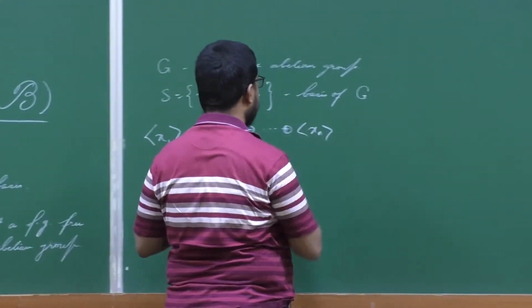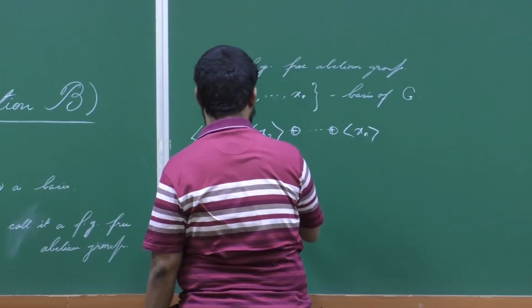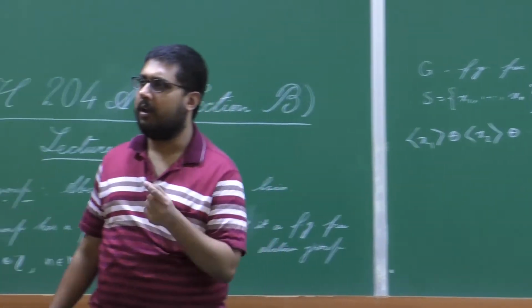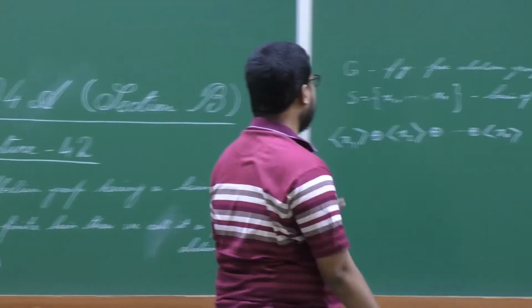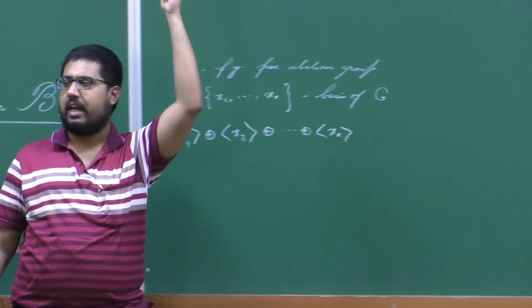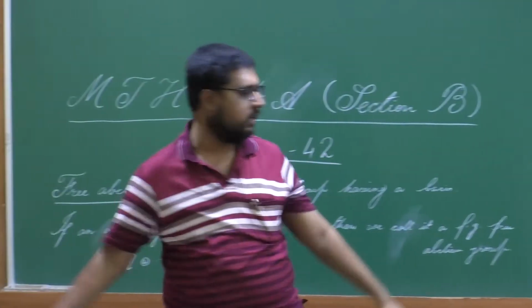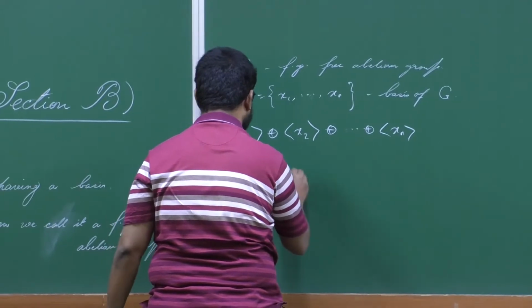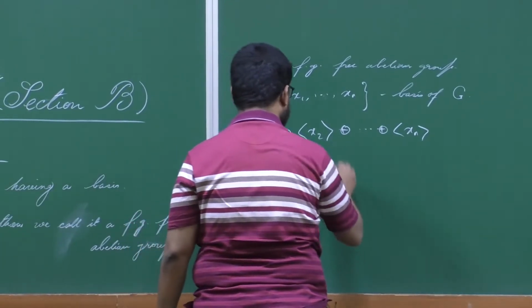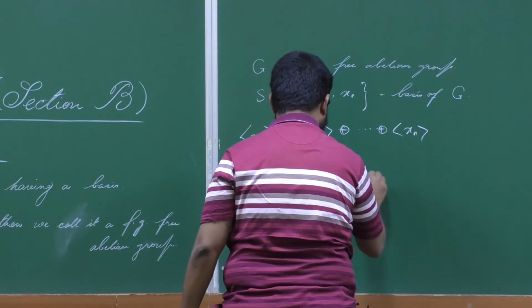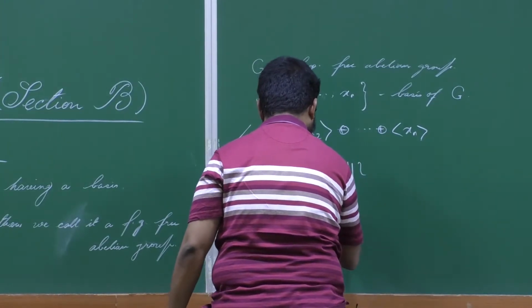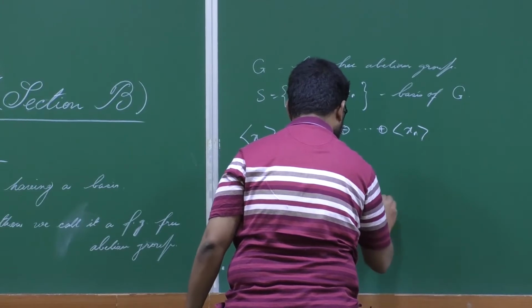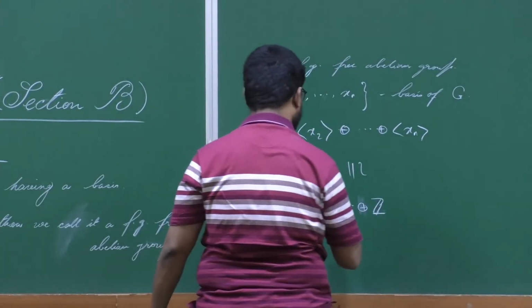Thus we have several cyclic groups, and all these groups are of course isomorphic to Z, because once a group is a free abelian group, we have proved that it cannot have any element of finite order. So all these cyclic subgroups are isomorphic to Z. Hence this is isomorphic to n copies of Z.